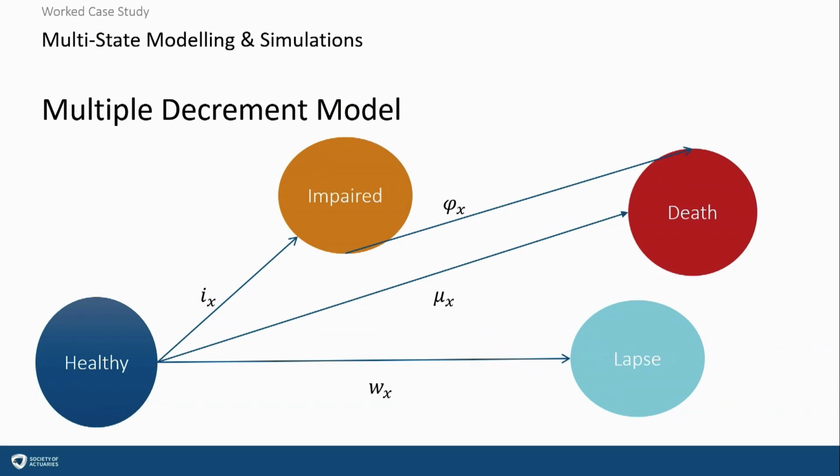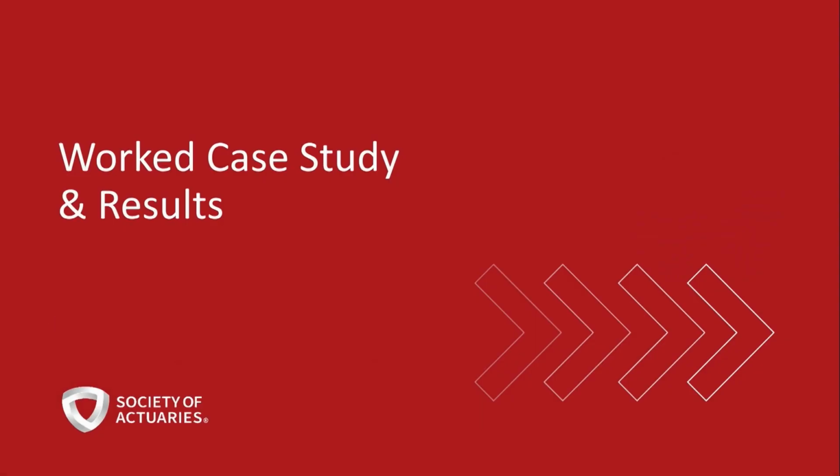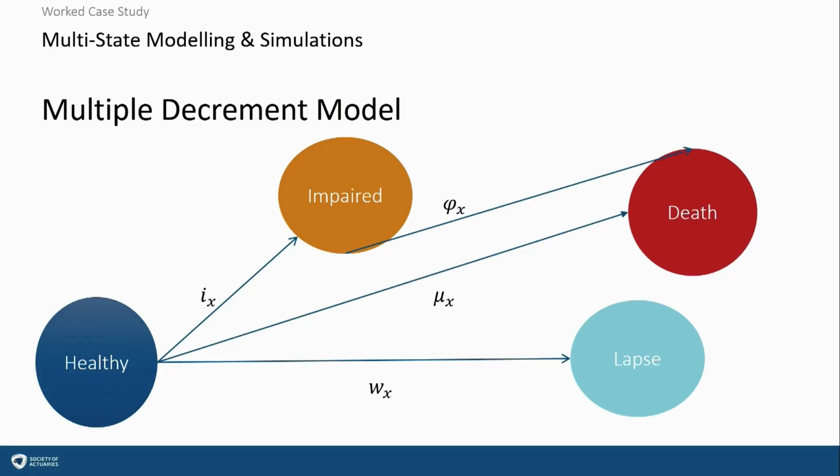From the impaired state, there'll be a force of mortality unique to those lives in the impaired state, taking them towards death. Similarly, healthy lives could go into death without going through the impaired state, and of course we've modeled lapse, assuming lapse only occurs from the active state because of the nature of the benefit. Once you accelerate the benefit by becoming impaired, there's little incentive to lapse.